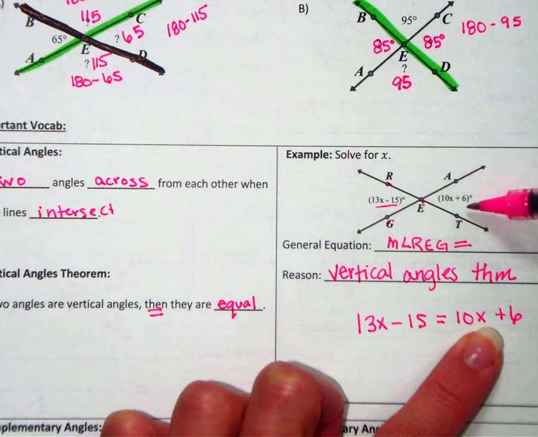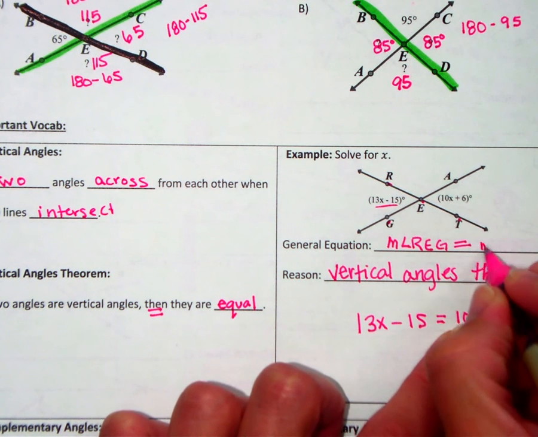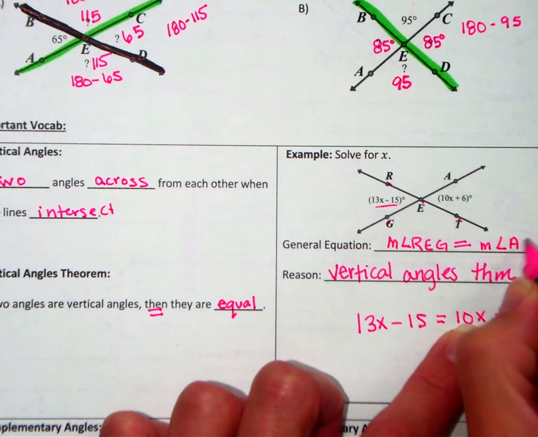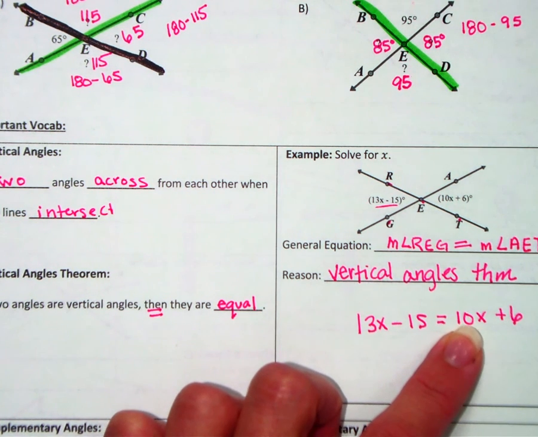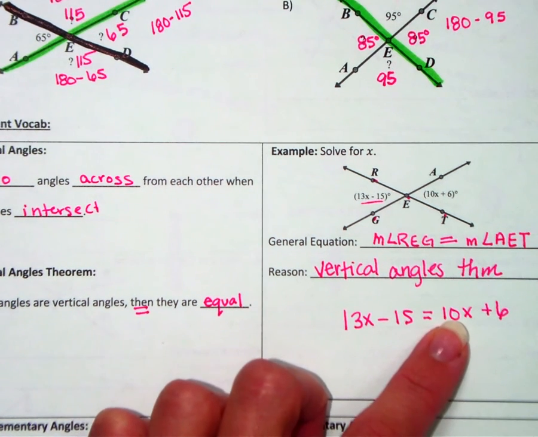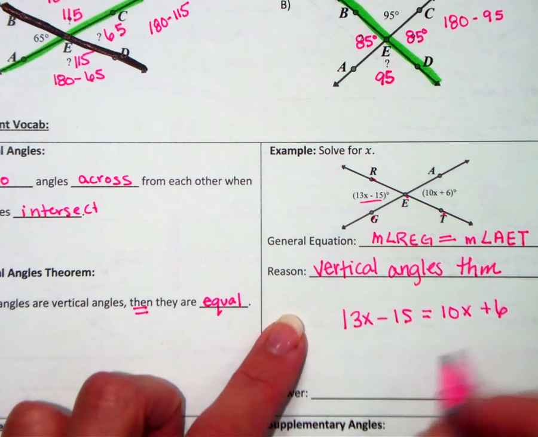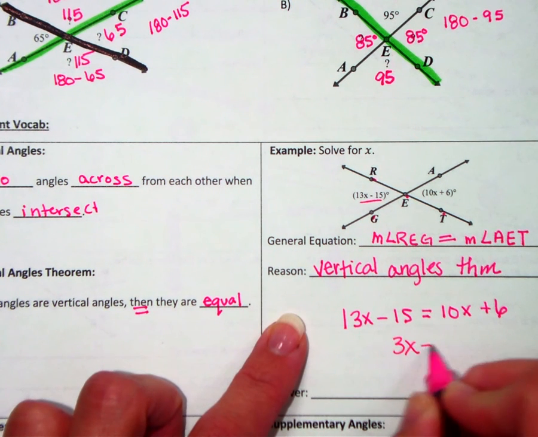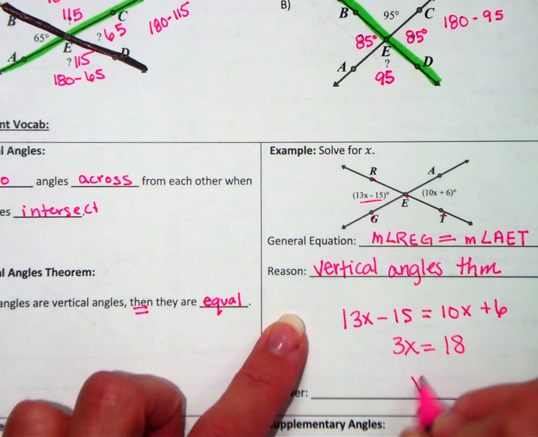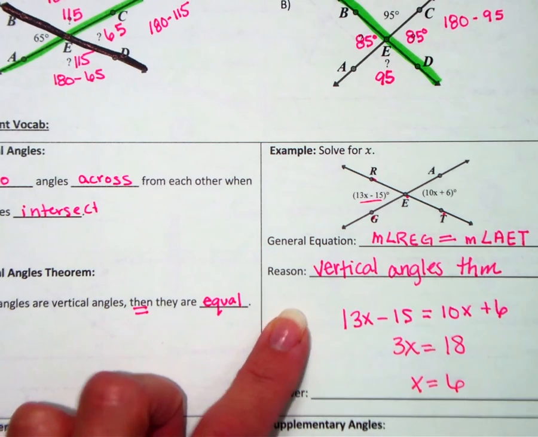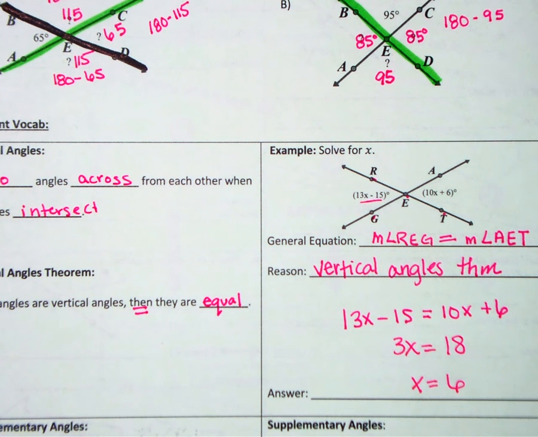So my letters for 10x plus 6 are AET or TEA. Okay, and then we would solve that. So 3x equals 18, or x equals 6 for our solving part. Okay, that's your part 1.